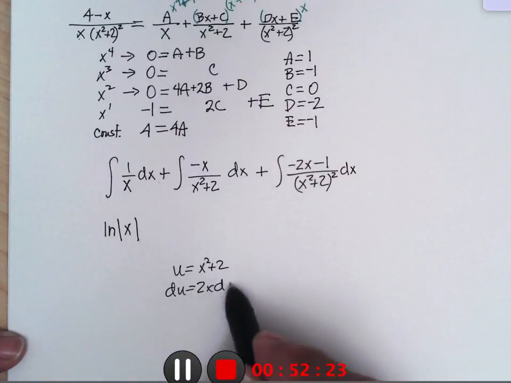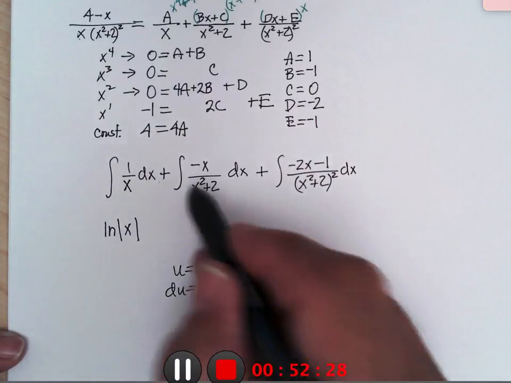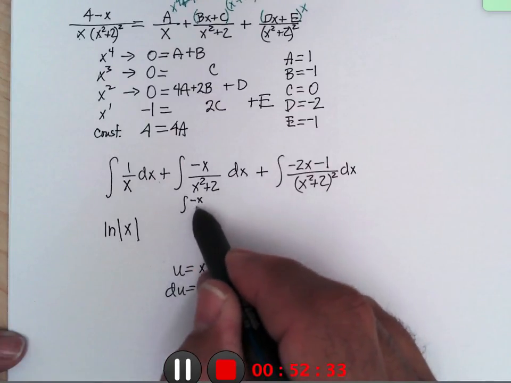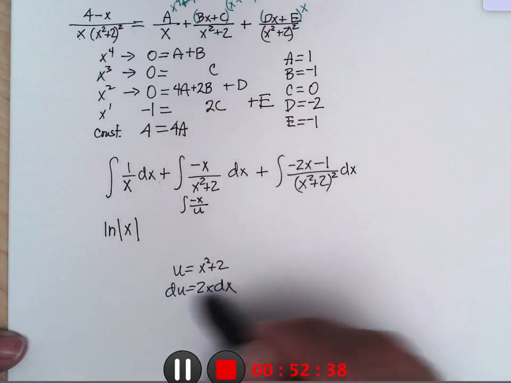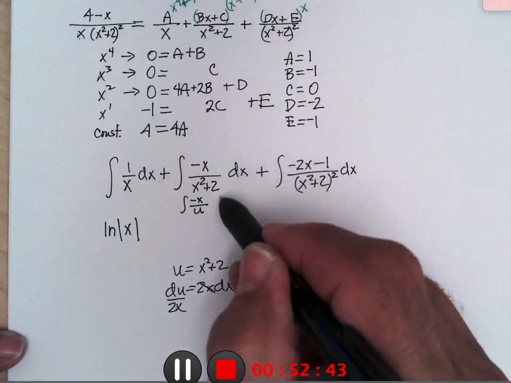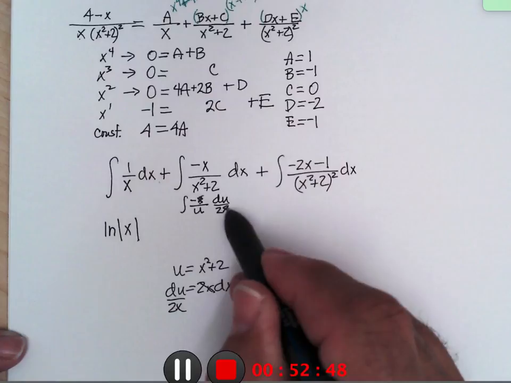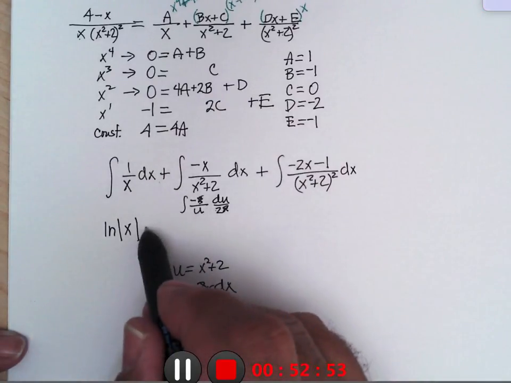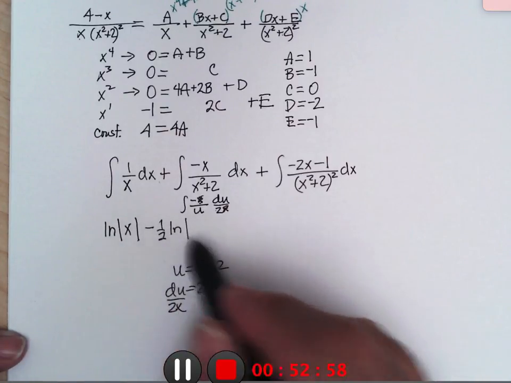So we'll get integral of minus x over u, and dx will be du over 2x. The x's cancel, so we get minus 1/2 ln absolute value of x squared plus 2.